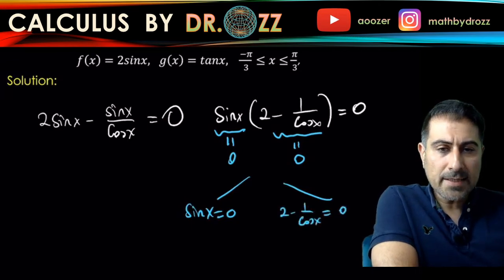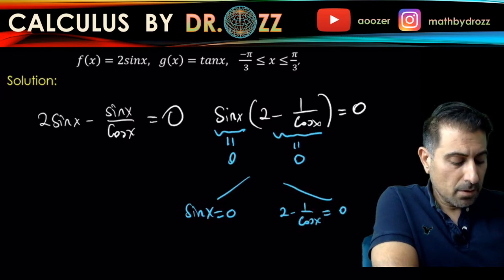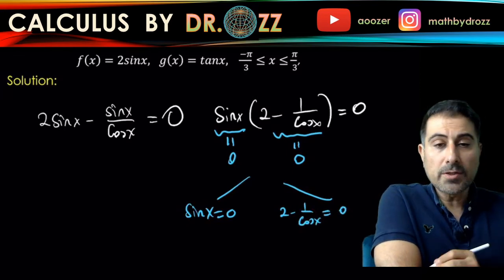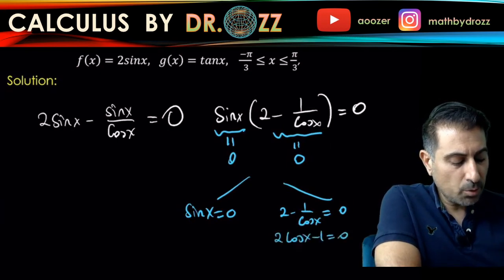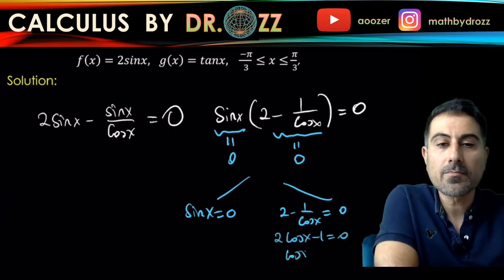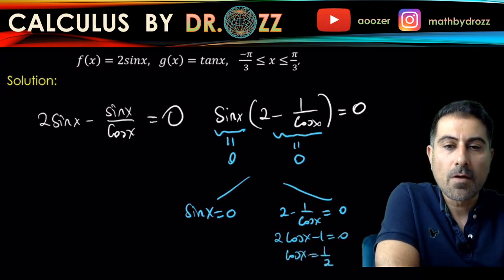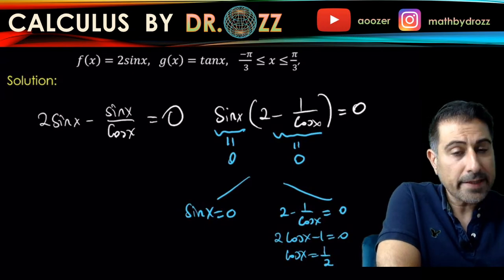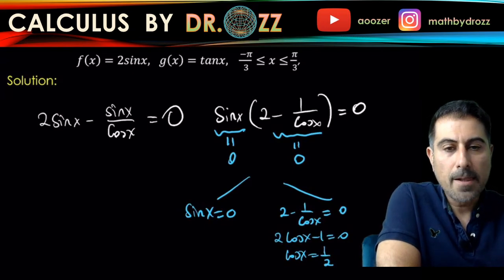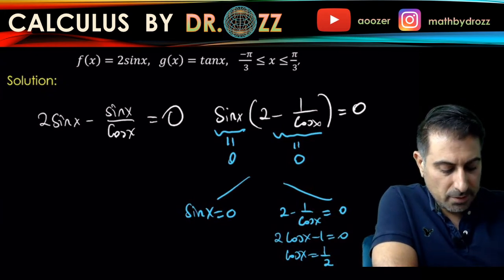In fact, in the second one, if you multiply both sides of the equation by cosine x, you have 2 cosine x minus 1 equals 0. That implies that cosine x equals 1/2. Okay? So you may ask this question to yourself: whose cosine is 1/2, and whose sine is 0? Okay. So well, this is easy to find.